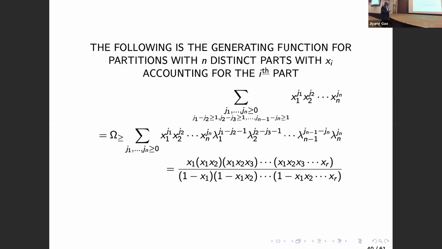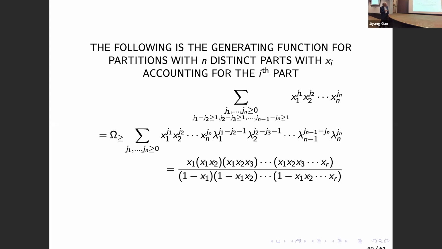The way you make the first part larger than the second part is to have a lambda put in with this exponent so that the omega operator will annihilate that unless j1 is greater than j2, similarly j2 greater than j3, etc.